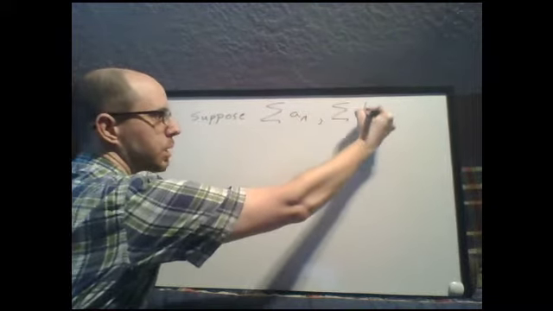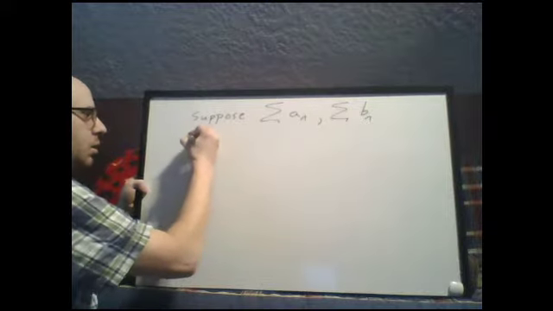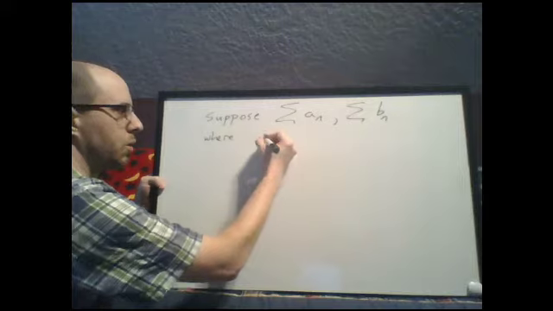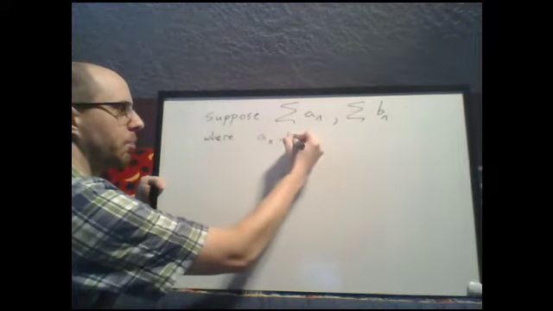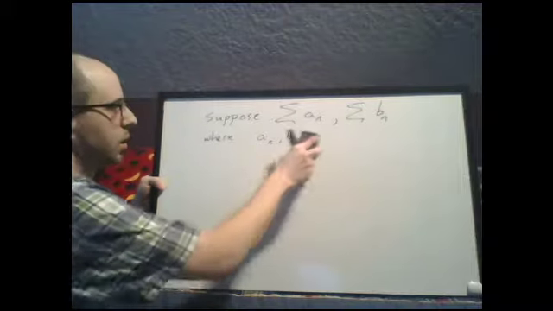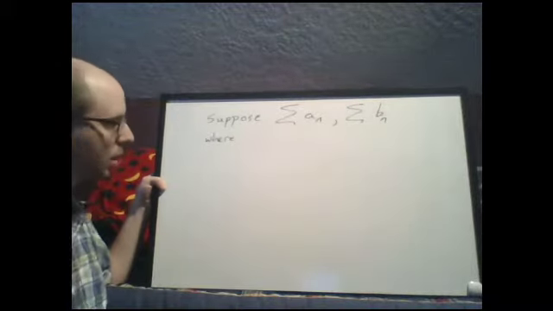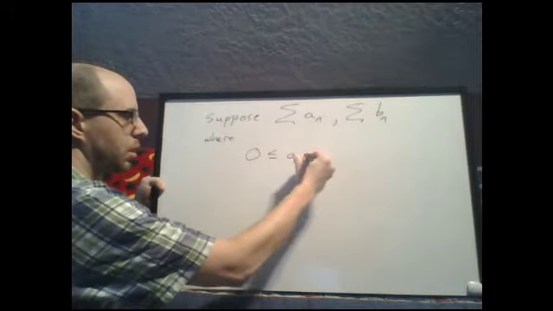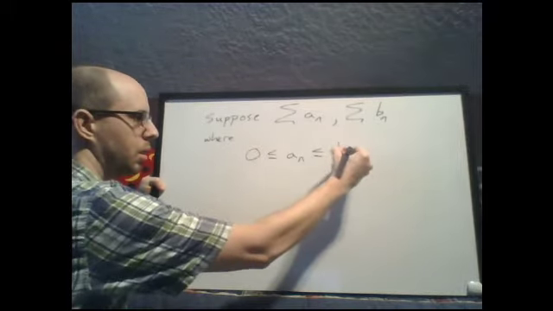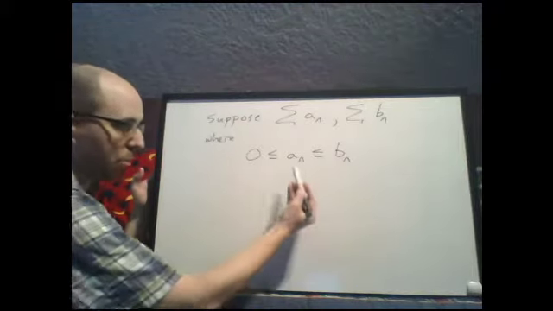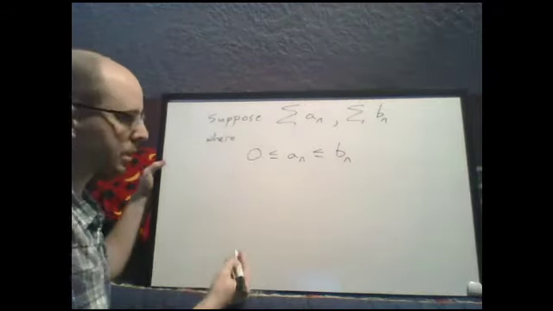and summation bn, where all the terms an and bn are all positive. So the a's and the b's are all positive, but moreover the b's are bigger than the a's.